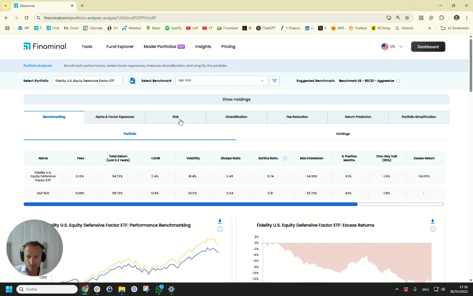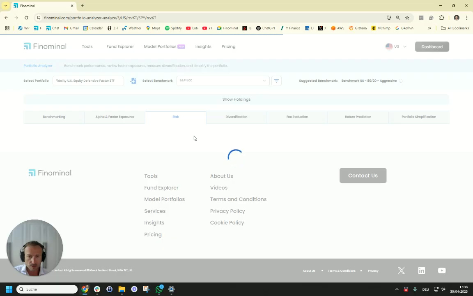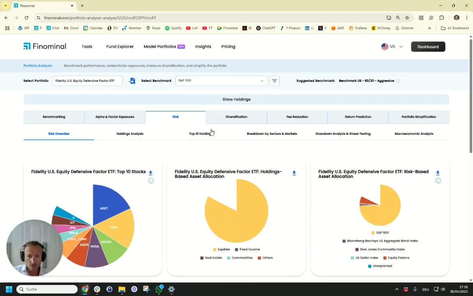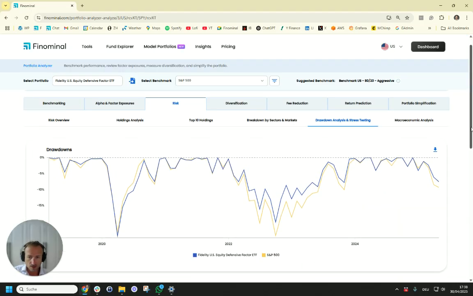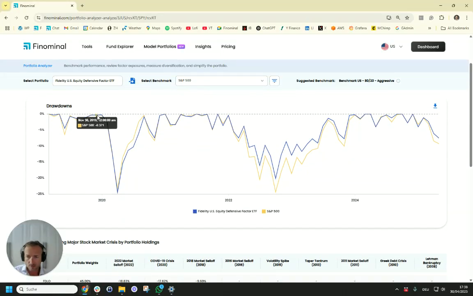So let's explore that. For this, we're going to go to the risk tab, where we can look at the drawdowns for the last 6 years, of which the largest drawdown is the drawdown during the COVID crisis. Here we have the maximum drawdowns. What this shows us is that this portfolio during the COVID-19 crisis in 2020 didn't do better than the S&P 500.